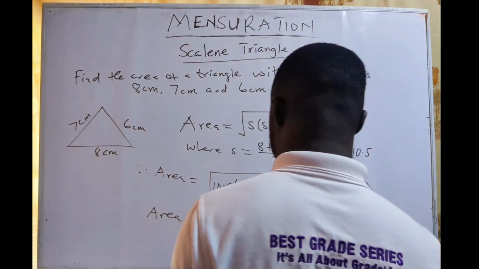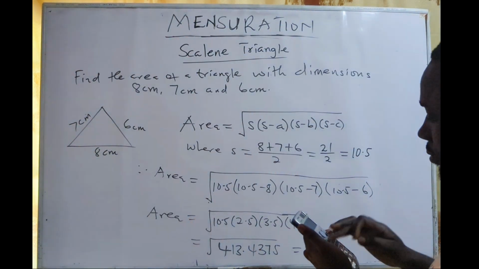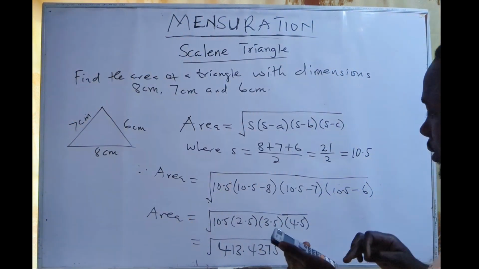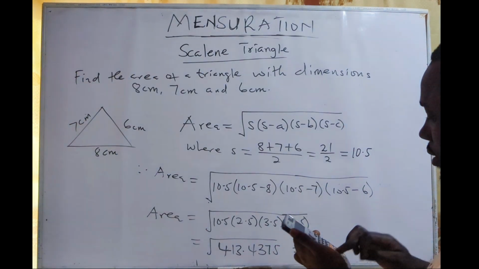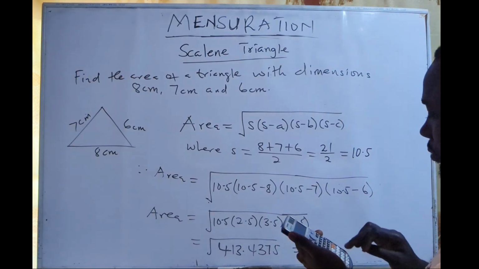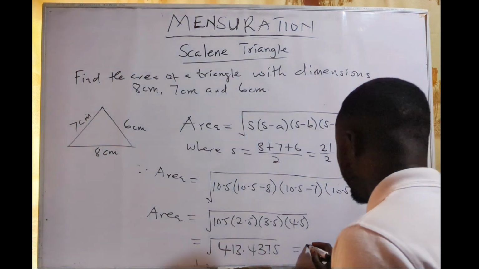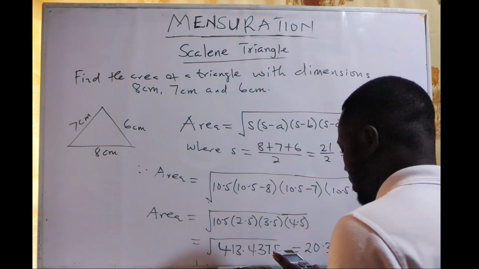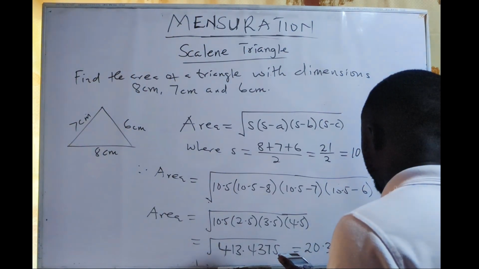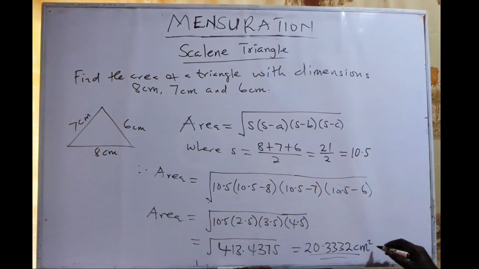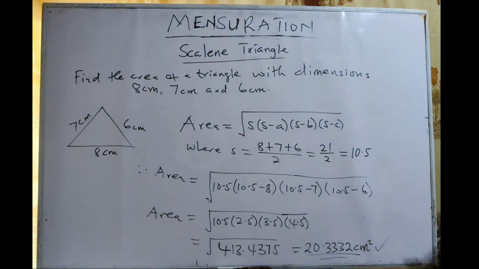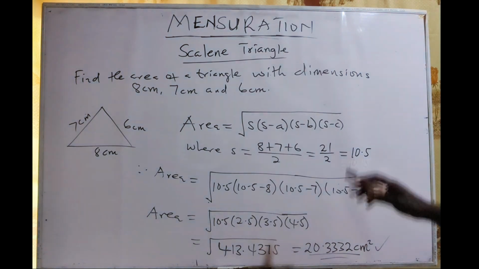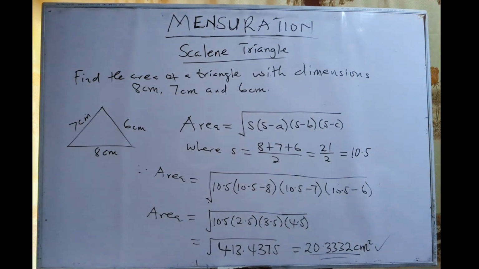And let's find the square root of 413.4375. That will give us 20.3332 centimeters squared. So this is the area of the triangle using Heron's formula. So when you get a scalene triangle, you can go by Heron's formula and you get your answer.